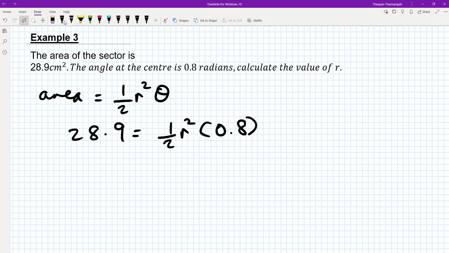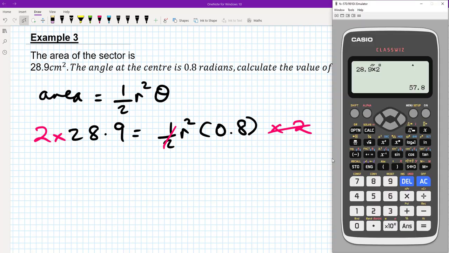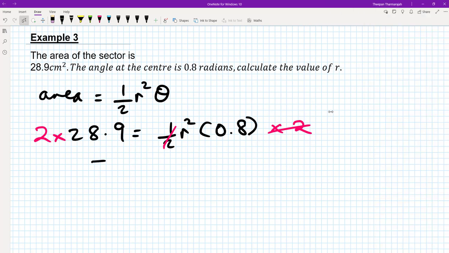And then we're going to times this side by 2 and this side by 2 to cancel out the half. So the half and the 2 here will cancel. So we're going to double 28.9, which is 57.8. And that's going to be equal to 0.8 times r squared.